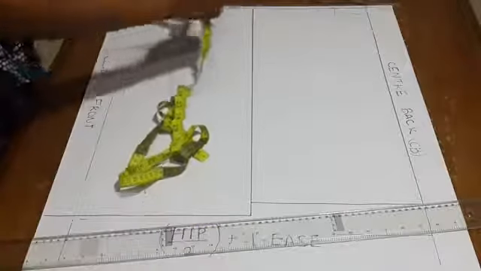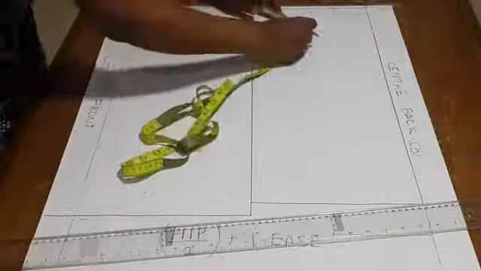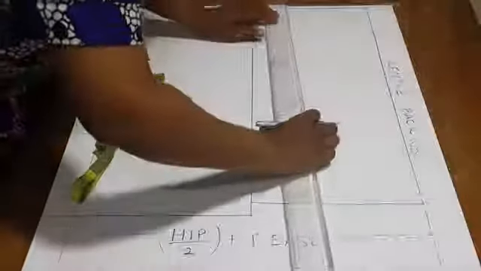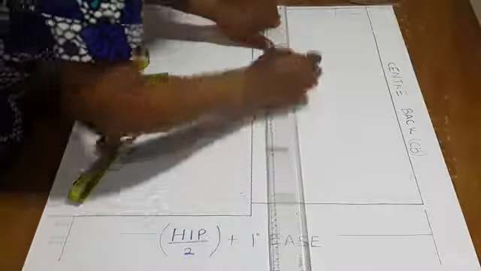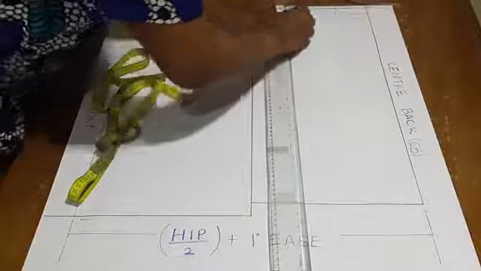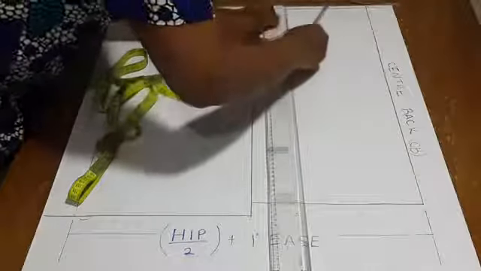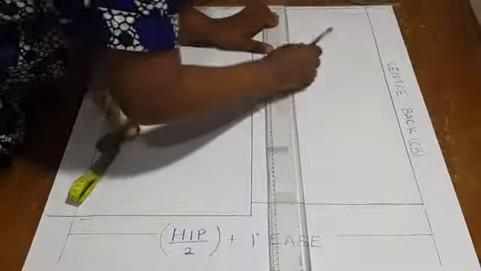So from the back we go down by 7.5, and I come here to confirm my shoulder measurement, which is 7, before I connect. So I rule a line to connect with my shoulder point.